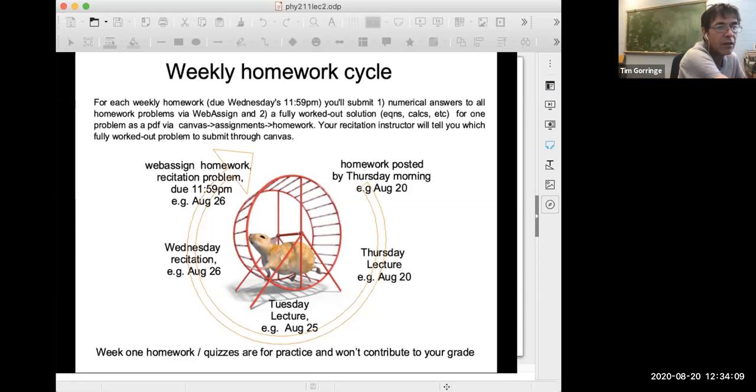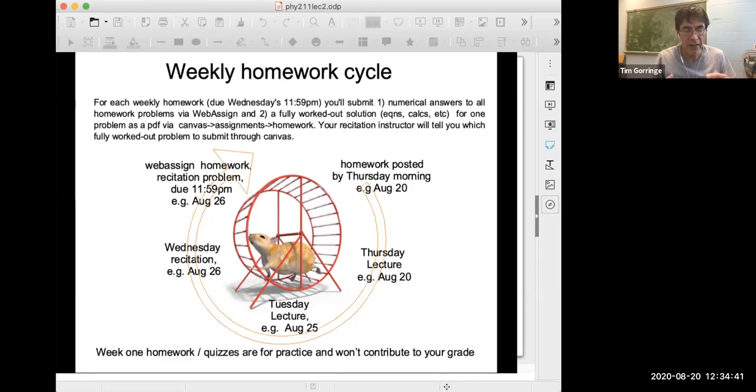Questions are running away from me. So in WebAssign, the questions are probably labeled just 1 through 10 or whatever, or 1 through 6 or whatever, rather than the question numbers corresponding to question numbers in the book.